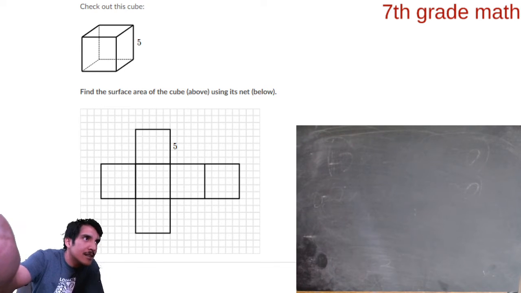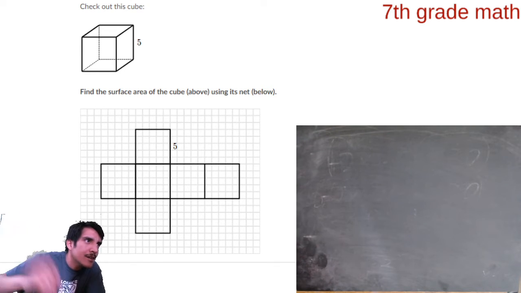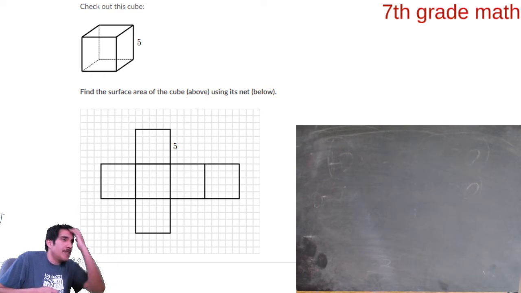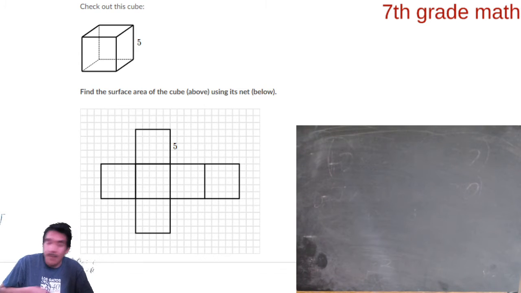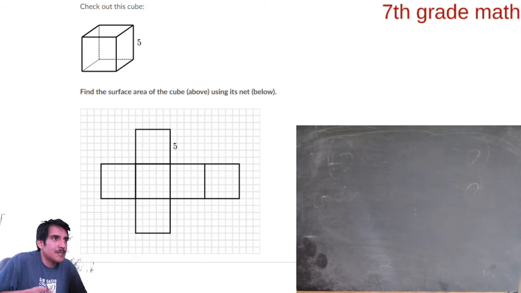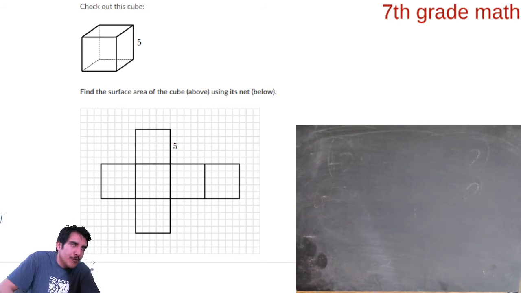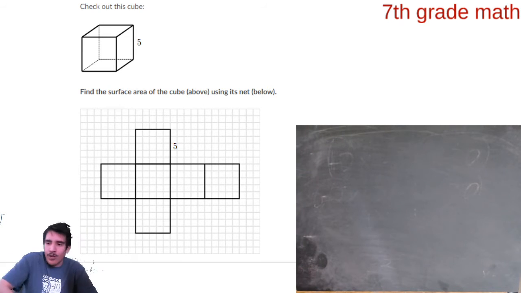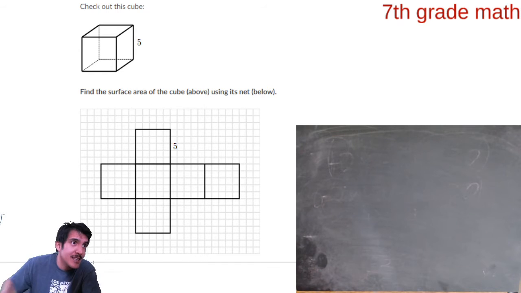A net is anytime you take a box or one of those shapes and you break it up into its flat parts. So if you unfold a cardboard cube box, it might look a little something like this.